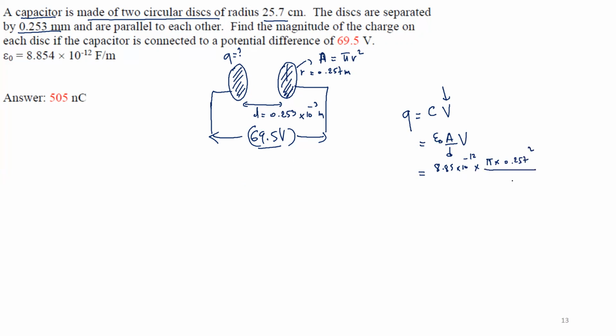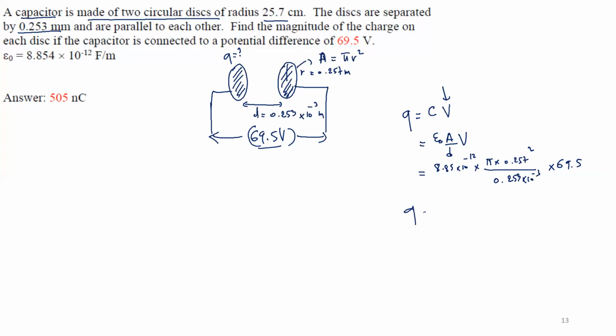And D, I know it: 0.253 times 10 to the power minus 3. Now I multiply by the voltage, which is 69.5. This gives me the capacitance times the voltage, the charge.